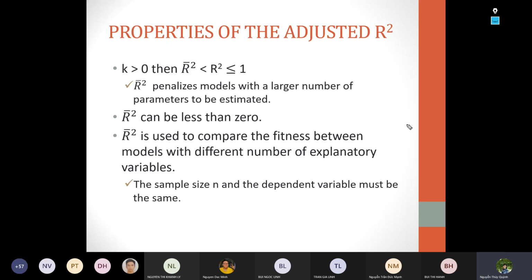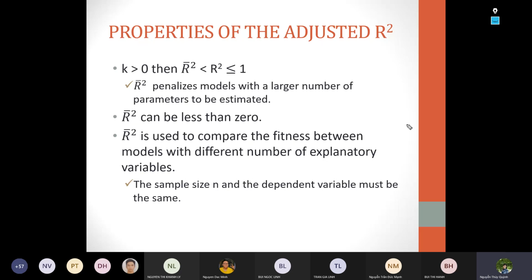So that is the role of the adjusted R square. But if you are asked to report the goodness of fit of the sample regression model, you still use the coefficient of determination R square.